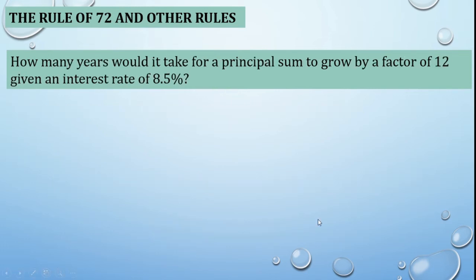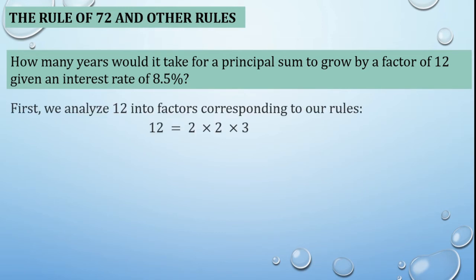Another problem. How many years would it take for a principal sum to grow by a factor of 12, given an interest rate of 8.5%? First, we analyze 12 into factors that correspond to the rules.